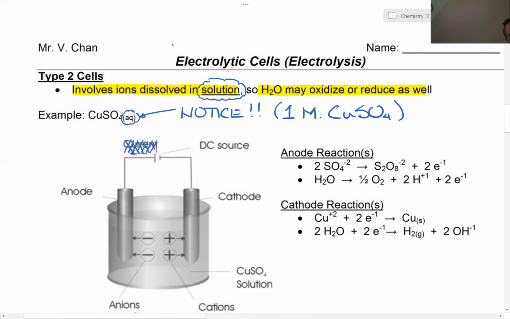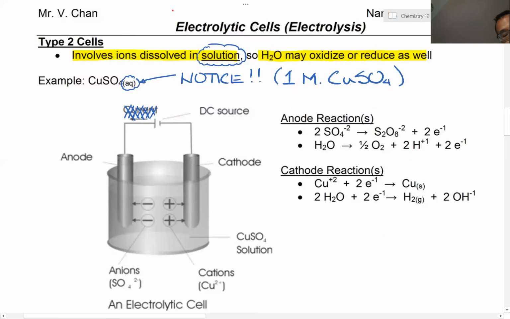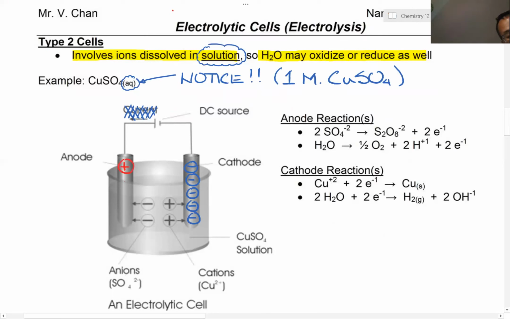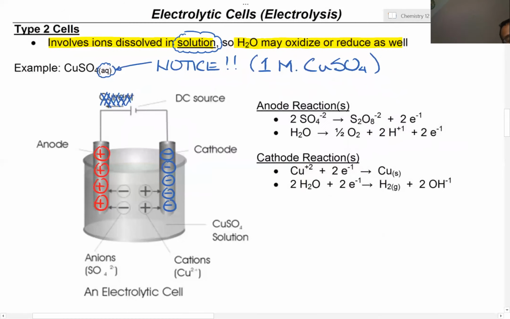I'm just going to wipe out the current here. Okay? So one side is the negative, so I'm just going to draw the negative here. And on this side, we have the positives because it's connected to the positive end of the battery. Now, again, by electrostatics, notice the direction of the copper ions and the sulfate ions.